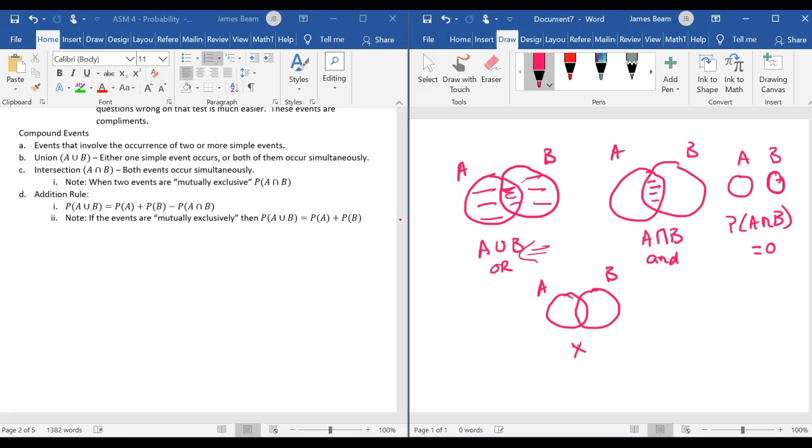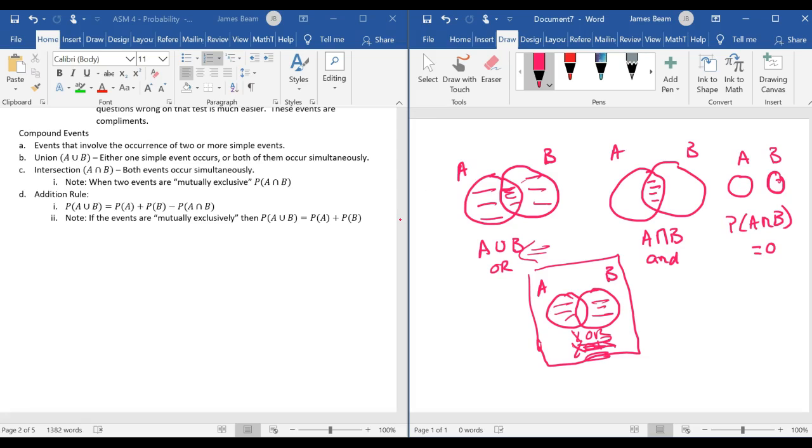In math, there's a term called XOR, which is A or B but not in the intersection. We don't tend to study that in probability, but it does come up in computer science. So if they ever wonder, there is a word for it: the union less the intersection.